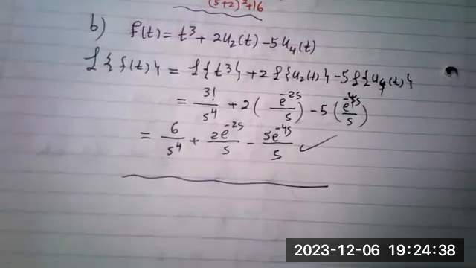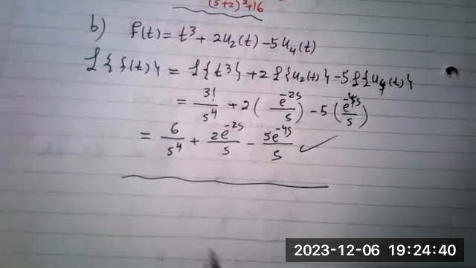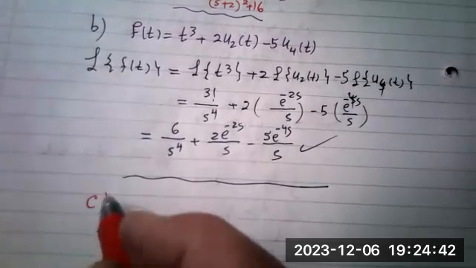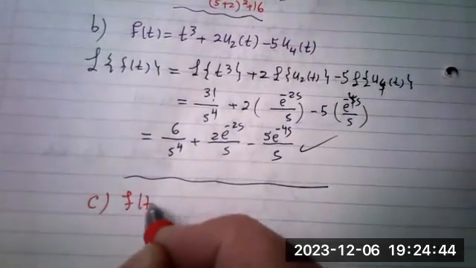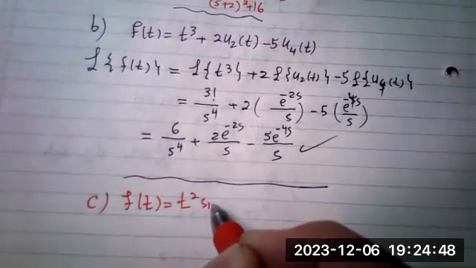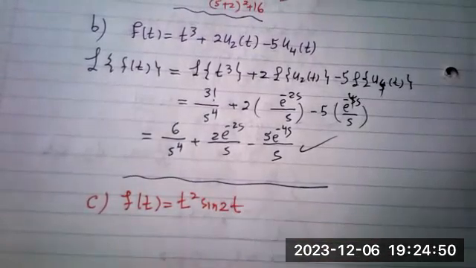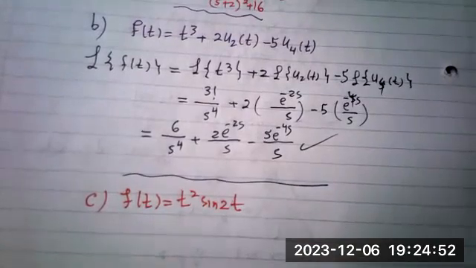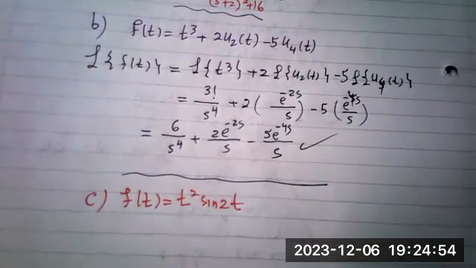Now, you did this one on the test, so we may give you this one again. f of t equal to t squared sine of 2t. Remember the power of the t, we can do it by the derivative. If you have a t times f of t, you find the Laplace of f, and it's going to be negative F prime.